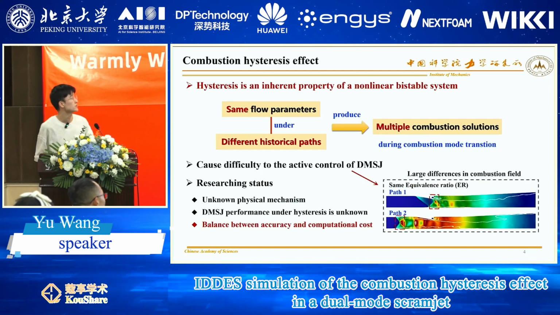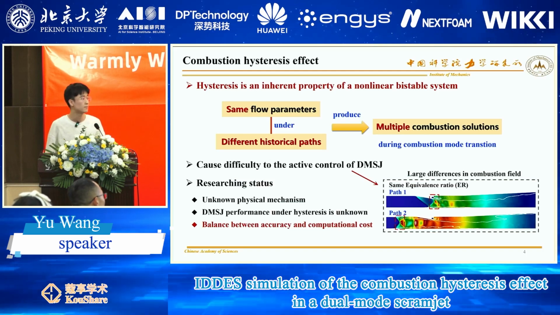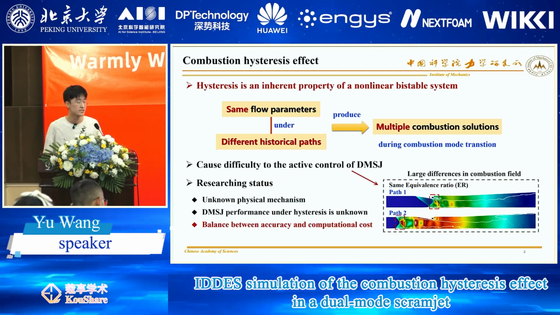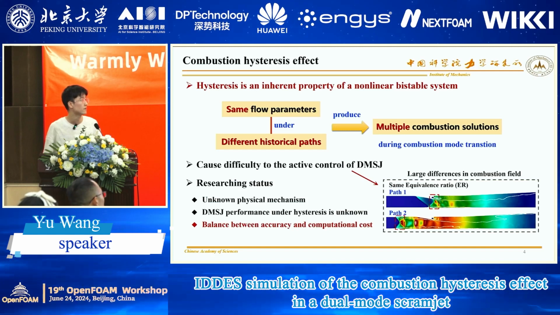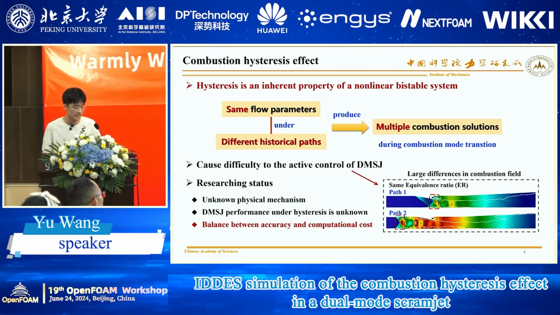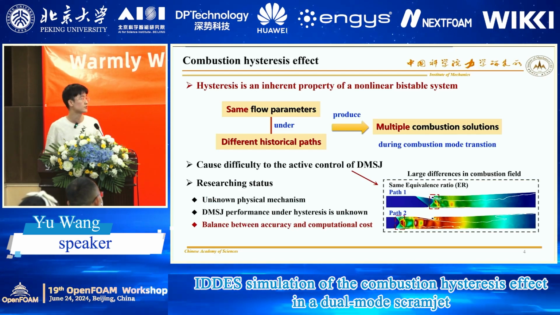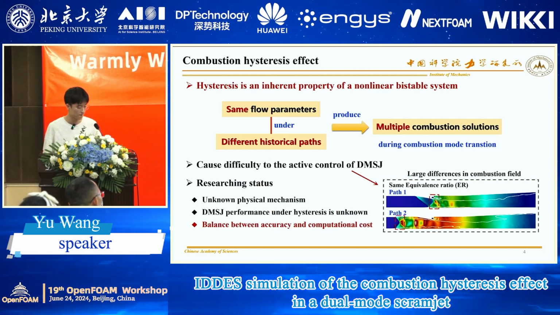However, in recent years, the combustion hysteresis effect has been observed during the combustion mode transition. Hysteresis is an inherent property of a nonlinear bistable system, for example, the combustion system in a DMSJ. It is defined as that the same flow parameters under different historical paths can produce multiple combustion solutions.